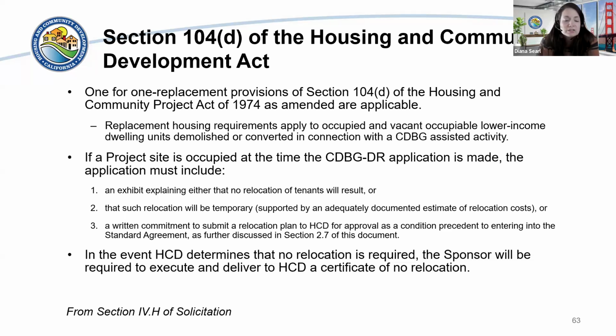In the event HCD determines that no relocation is required, the sponsor will be required to then execute and deliver to HCD a certificate of no relocation.